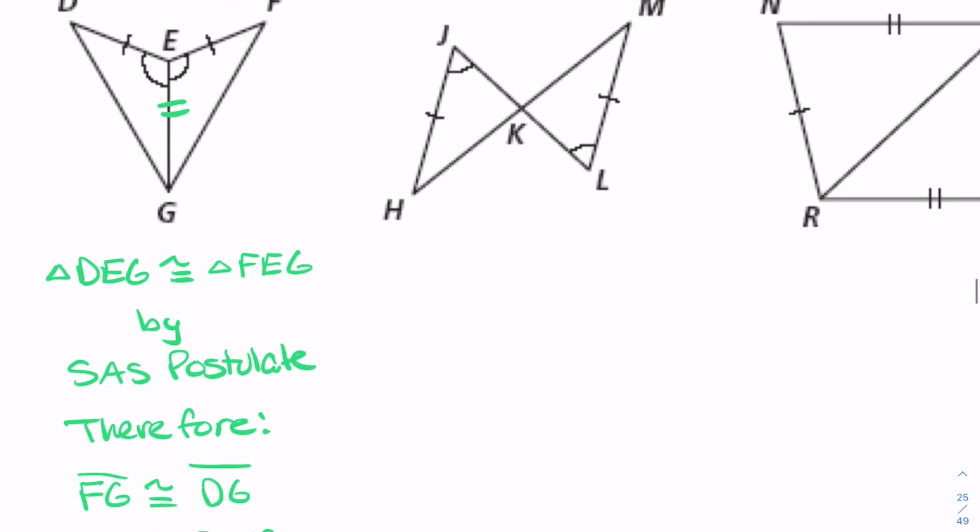Okay, we got vertical angles. So triangle HJK is congruent to triangle MLK by the angle side theorem.